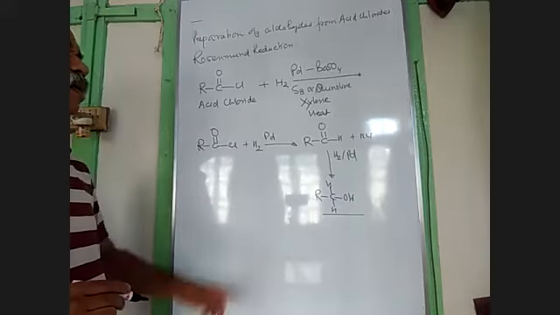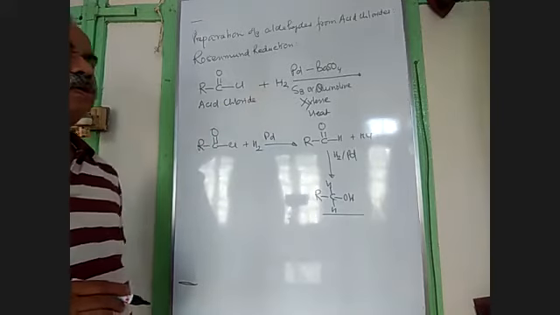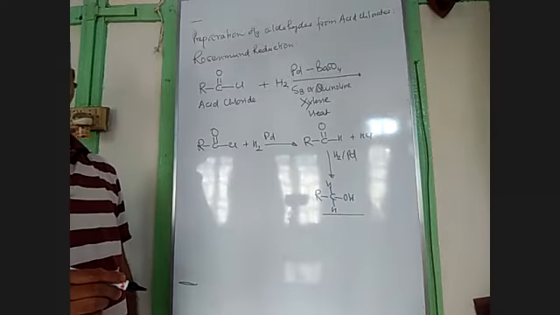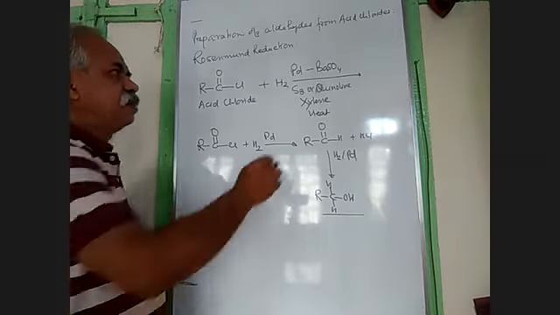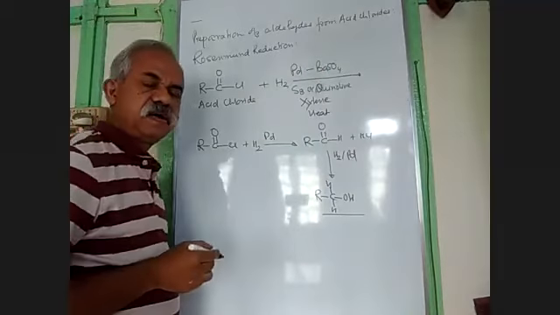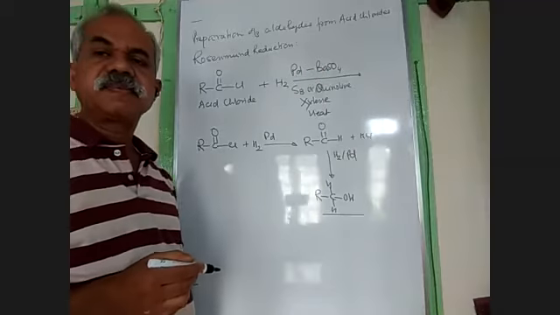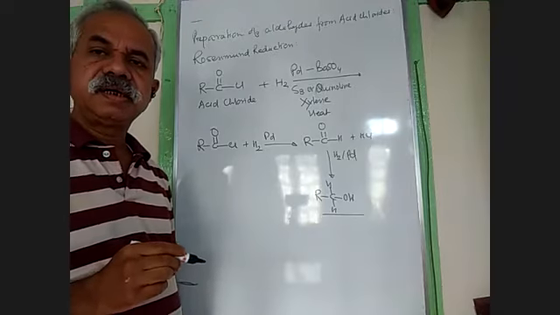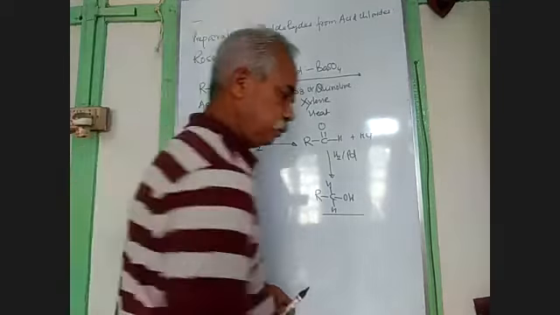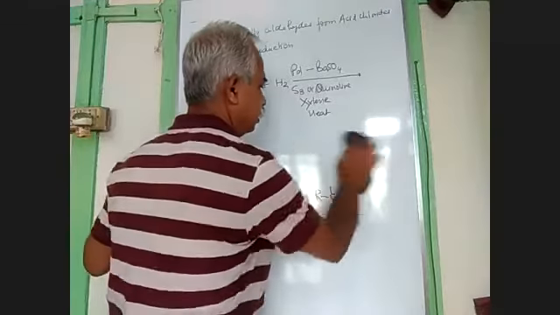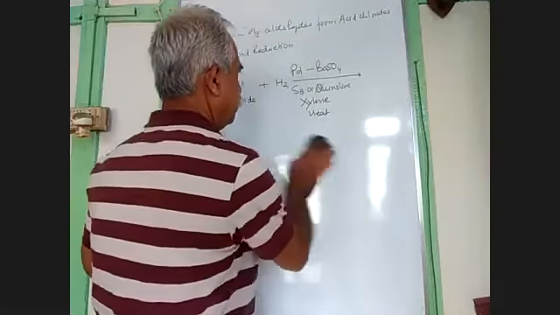Alright? So here, sulfur or quinoline which is being added acts as a catalytic poison. And this combination of catalyst, palladium over barium sulfate or palladium over calcium carbonate, is being used. Okay.